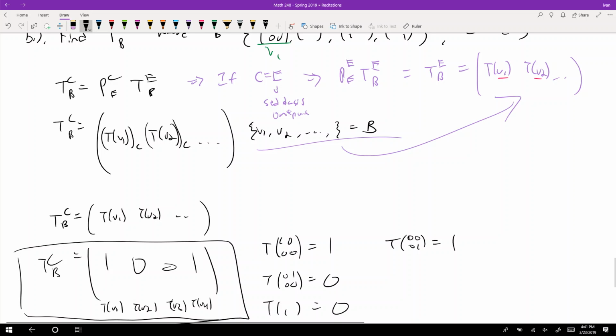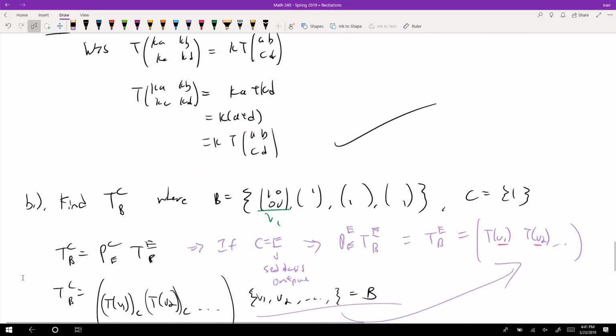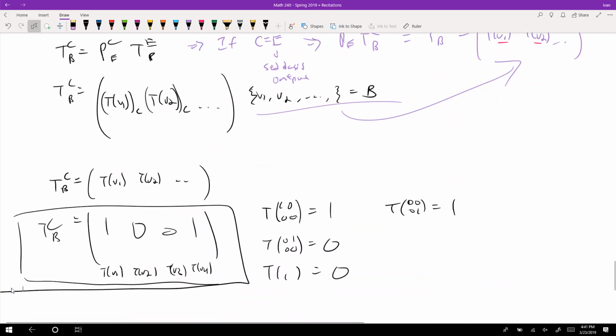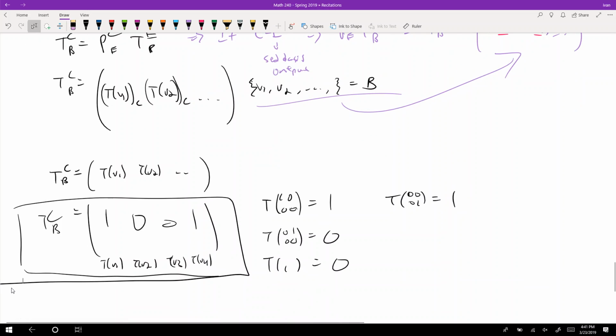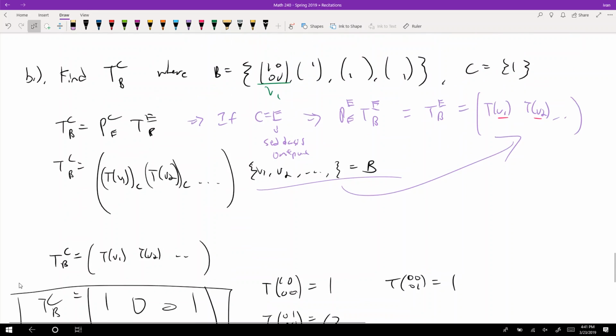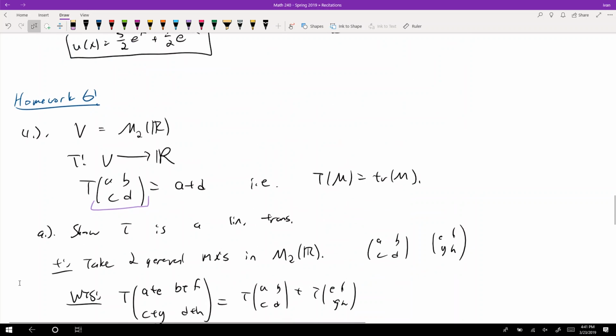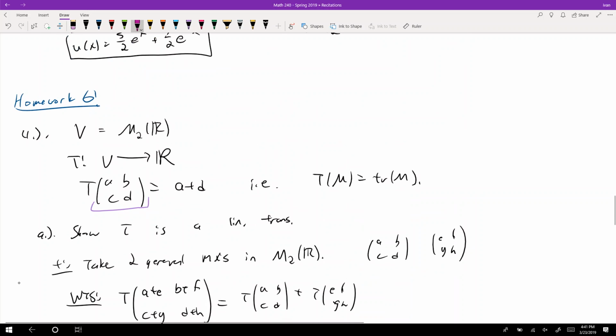Yeah, so this one, not too bad, I hope. Let's see. Oh, okay, and so we should probably check that the dimension of this matrix is correct. If we go back up here, the map goes from a dimension 4 vector space to a dimension 1 vector space. So T should have been a 1x4 matrix.